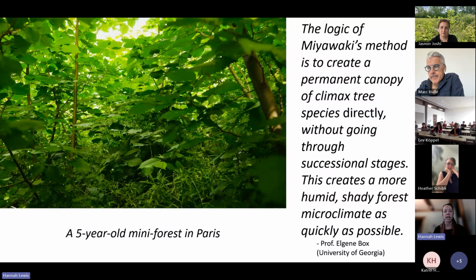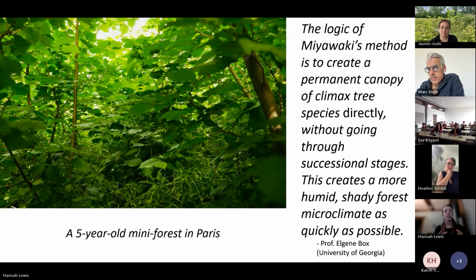And the picture you see here is from a 5-year-old mini forest in Paris. You can see that even after just a few years, those plants that were planted close together are leafing out, they're touching each other, and they're creating a canopy, which is creating a lot of shade.